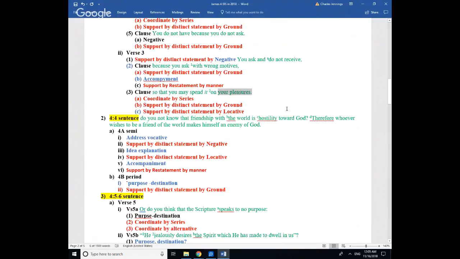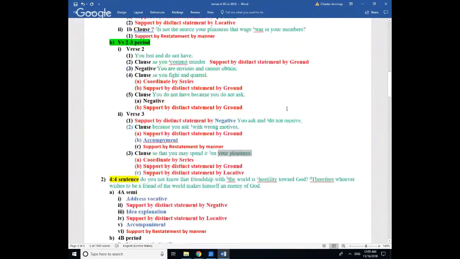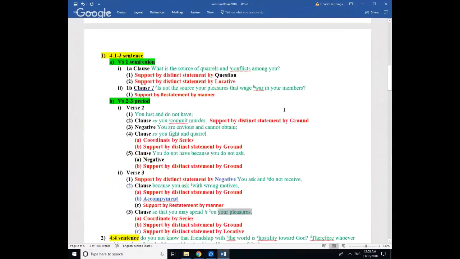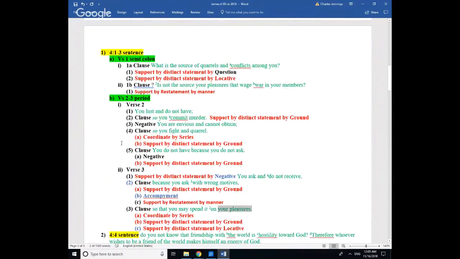Well, pleasures was mentioned up here. Is not the source your pleasures that wage war against your members? So what's happened is they're in a cycle. They're going around and around in circles. Their desires, their pleasure makes them want to do things the wrong way.